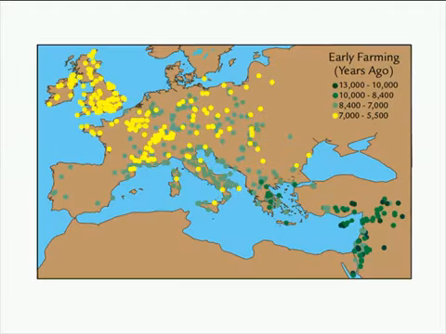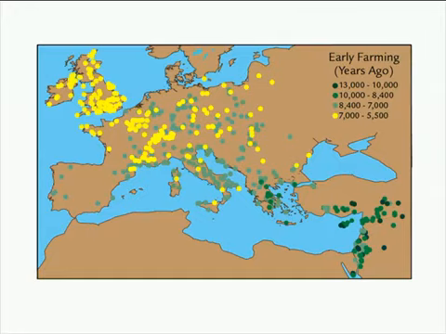But the big jump across Europe in the evidence, this is all reliably carbon-14 dated archaeological sites. The big jump is after 8,400 years ago to 7,000, and then another jump 7,000 to 5,500.